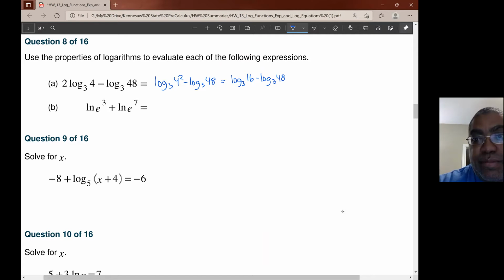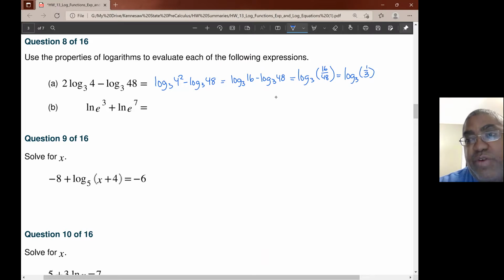Put them together. Positive, positive, negative. This becomes log base 3 of 16 over 48, which is log base 3 of, this reduces to 1/3. Now log base 3 of 1/3 is -1.